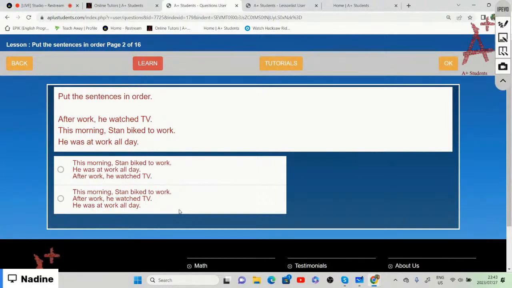So that is what it means when they say they biked to work. He was at work all day. So after work, he watched TV. This morning, Stan biked to work. And the last one is he was at work all day.